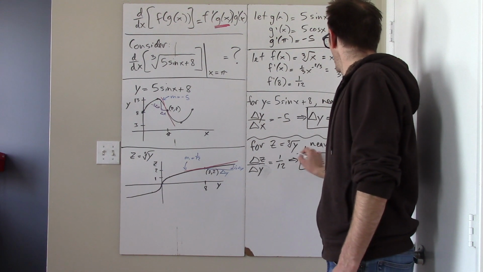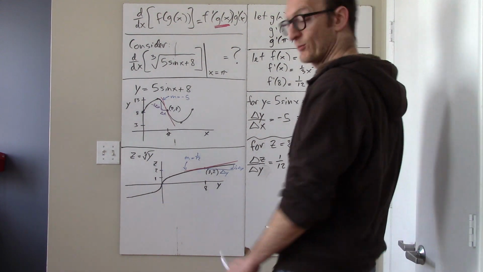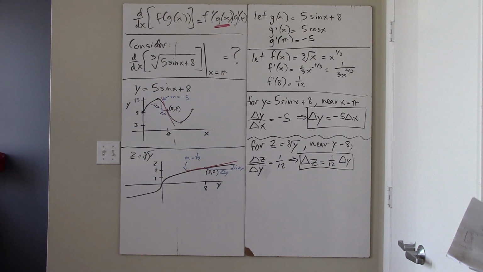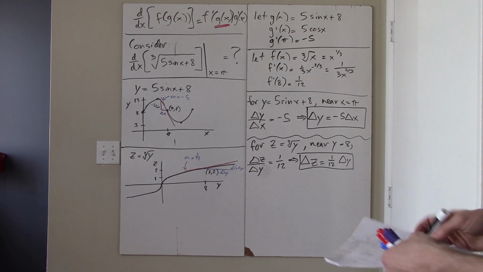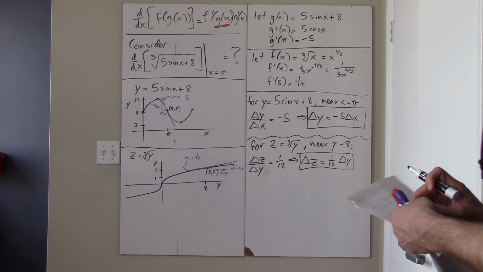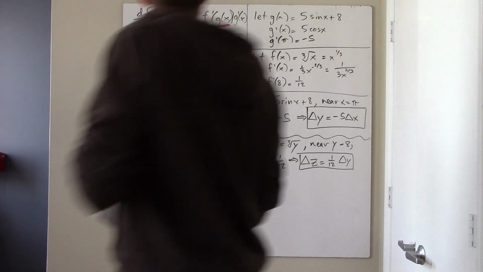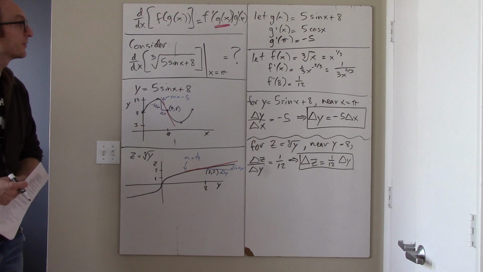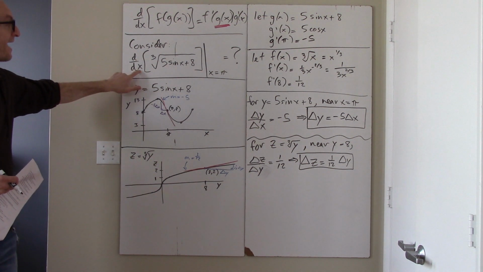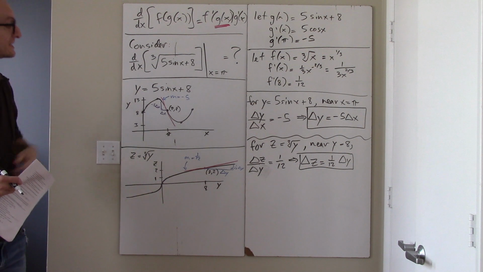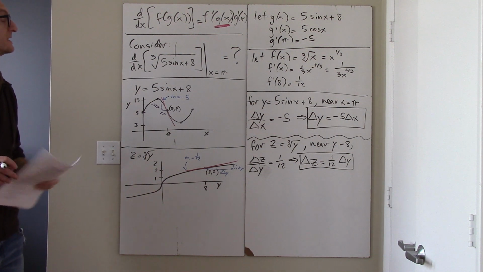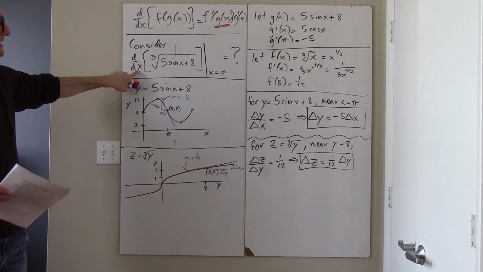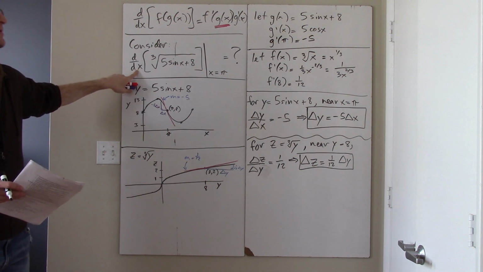This way of thinking about the chain rule makes it extremely obvious what to say overall. What was the overall thing I was trying to determine when I wanted the derivative of this function at pi? The thing I was really asking is, how fast is this function increasing with respect to x near x equals pi? That's what it means to take the derivative with respect to x.